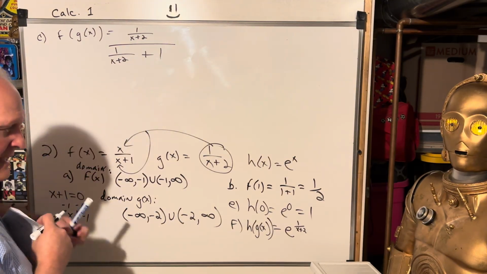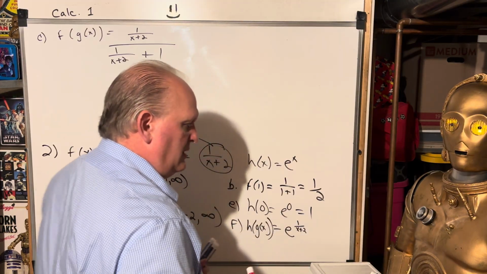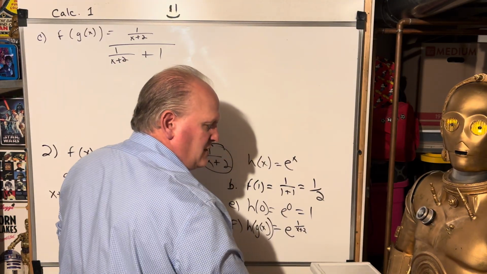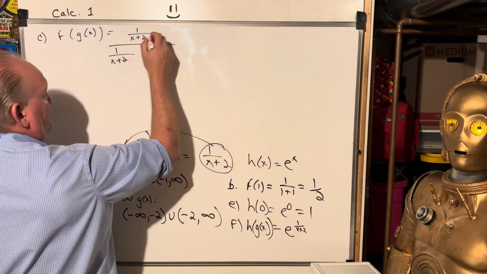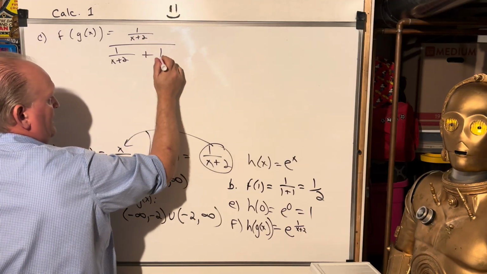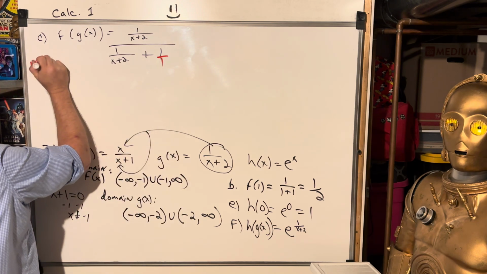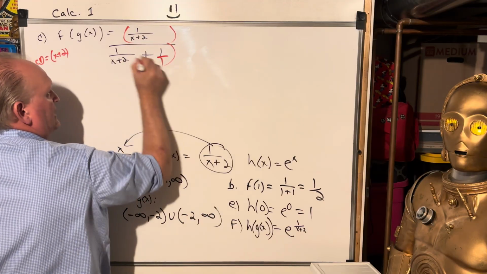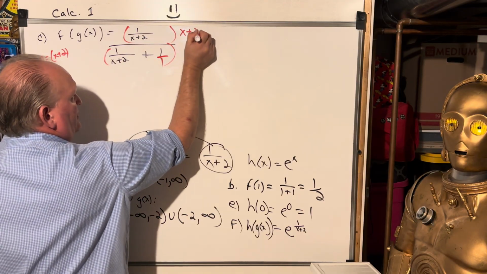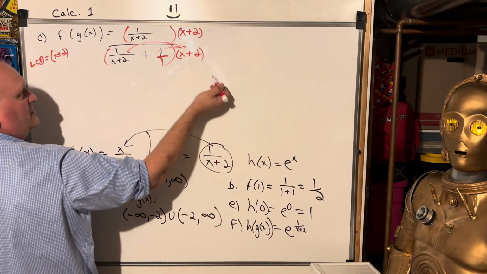Now, we can't leave it like that, so let's fix it. That's a compound fraction, a fraction over a fraction. We don't like those. So the LCD for the numerator and the denominator is x plus 2. We will multiply both top and bottom, both numerator and denominator, by x plus 2, and kind of do the distributive property there.